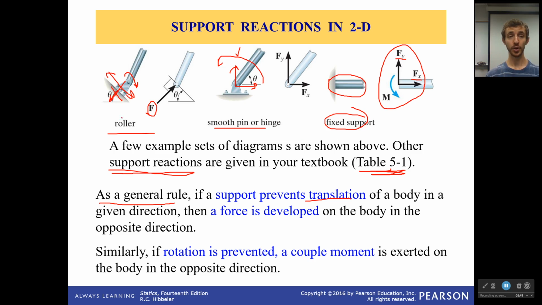If they resist motion in the direction of the ground, then there's a reaction force from the ground. If they resist motion in both the x and y direction, there's a reaction force in the x and y direction. And if they resist motion in the x and y direction, and they resist any sort of turning or twisting, there's a reaction moment and forces. So whatever it resists, there has to be a moment or a force to resist.